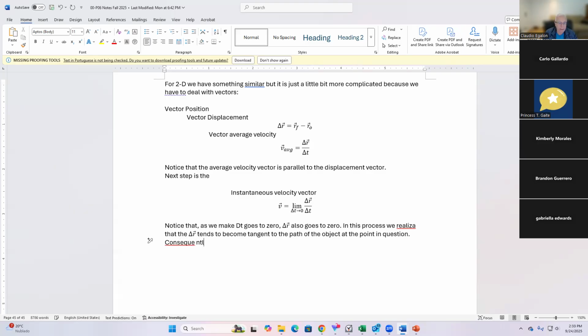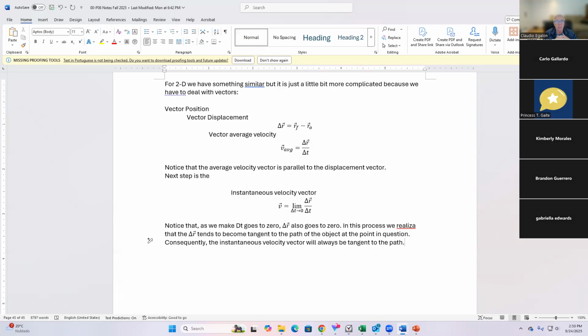Consequently, the instantaneous velocity vector will always be tangent to the path. Okay, we do not have a parallel to that in one-dimensional motion, right?